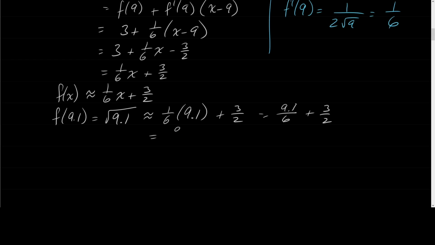So what I end up with here is 91 over 60 plus, now I see that I'm going to be over 60, so let's come up with a common denominator. To go from 2 to 60, we multiply by 30. So 3 times 30 is 90. 91 plus 90 is 181. So I end up with 181 divided by 60.